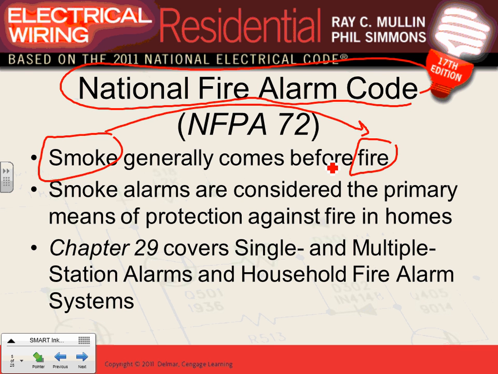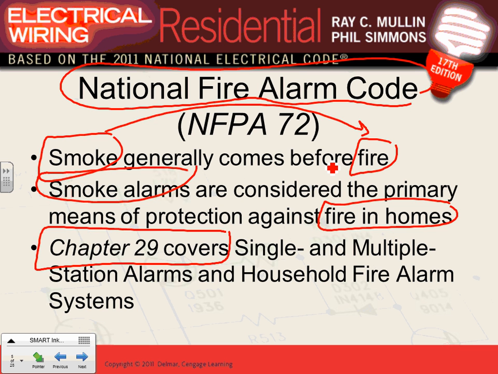Just a couple of things, guys. Smoke detection is the major, the primary means of protection against fire in homes, because you sense the smoke, people can leave, then you protect people's lives, right? Chapter 29 in this document, I do have one in my office at home, as a matter of fact. Chapter 29 talks in particular about single and multi-family dwellings in our case.